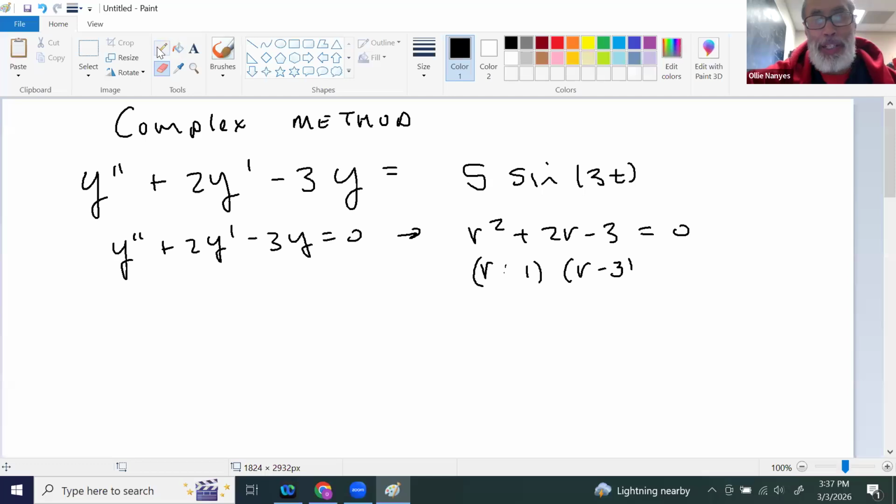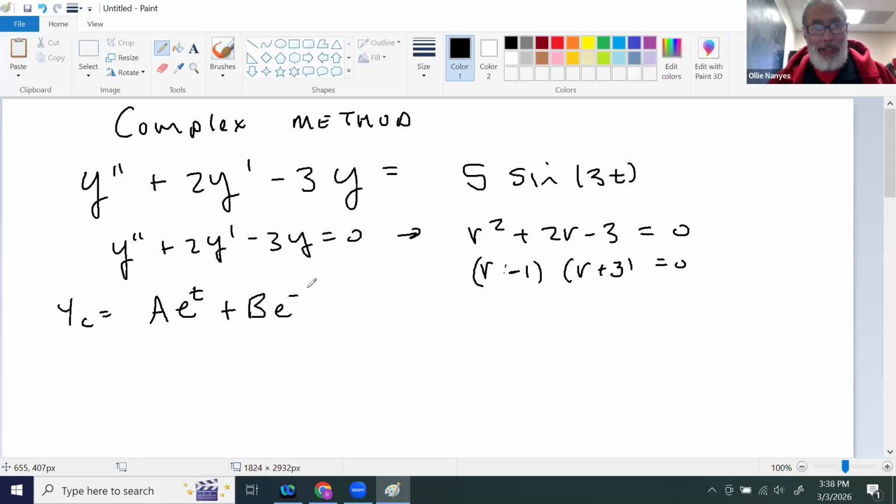So you have 3 r's and a positive 3 r's. Let's check that: minus r plus 3r is 2r, minus 3. So the complementary solution is of the form A e to the t plus B e to the minus 3t, because the solutions are r equals 1 and r equals negative 3. And this is certainly not part of the complementary solution.